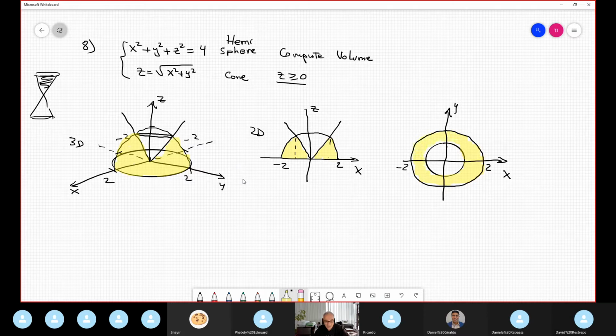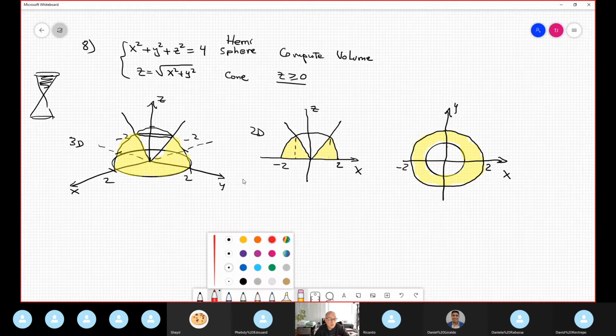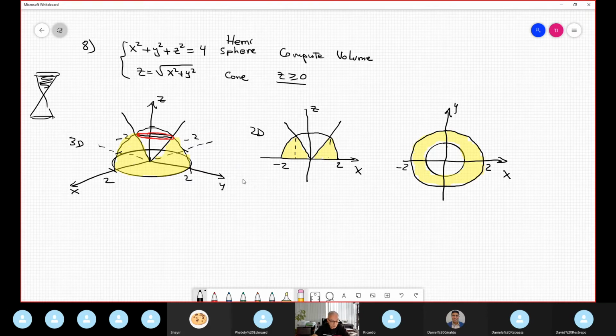Okay. Let me try to understand this second circle. Que es this circle, is the intersection between the cone and the sphere. Therefore, I take both equations. I take the equation of this sphere, okay, is x squared plus y squared plus z squared equal 4. You take the equation of the cone.